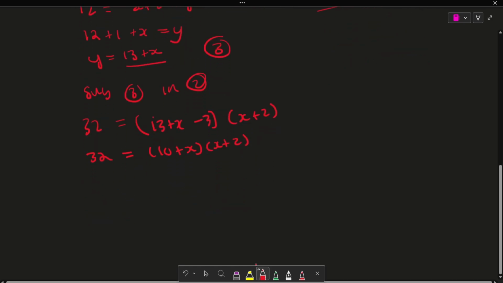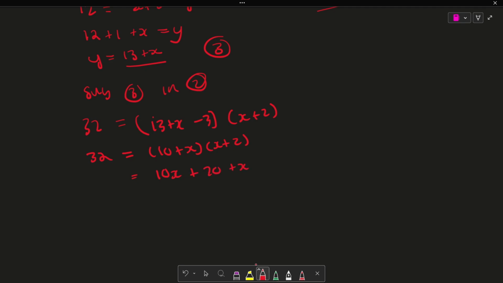Then we just need to FOIL it out. So it's going to be 10x plus 20 plus x squared plus 2x, and it's 32. Then if we move everything to the side of x squared, this is 12x, and then minus 12 is equal to 0.